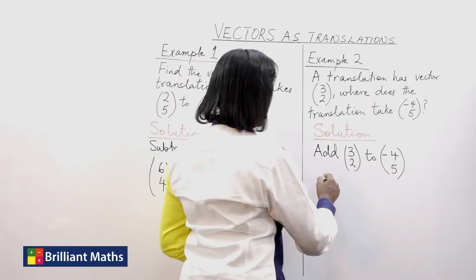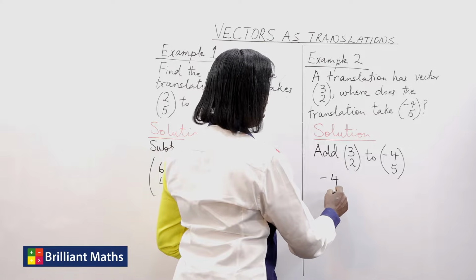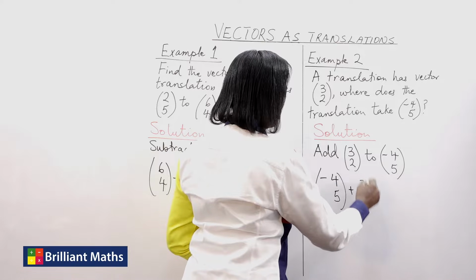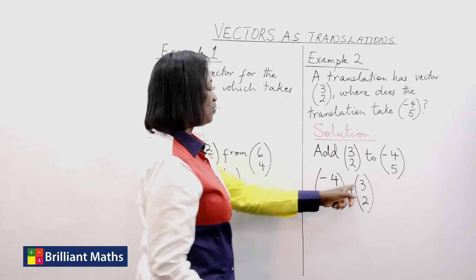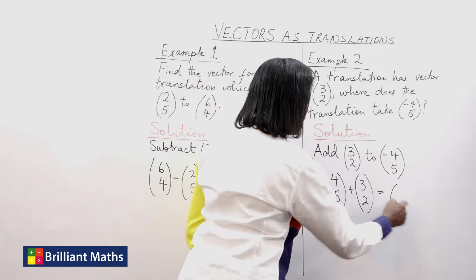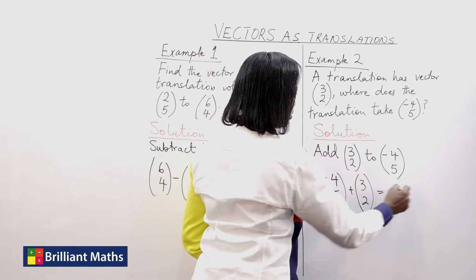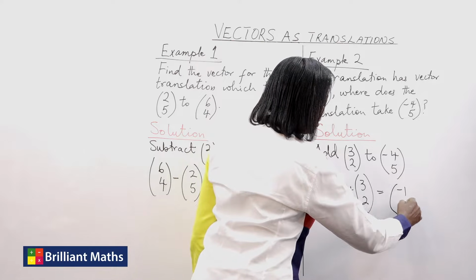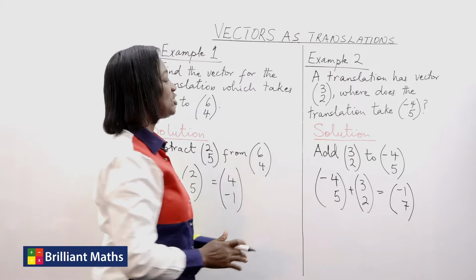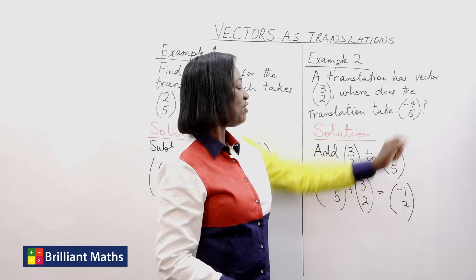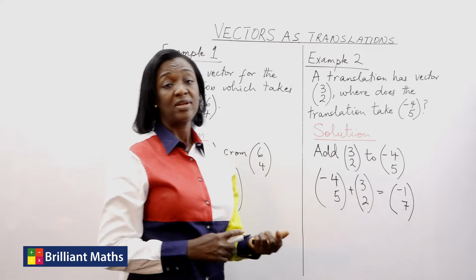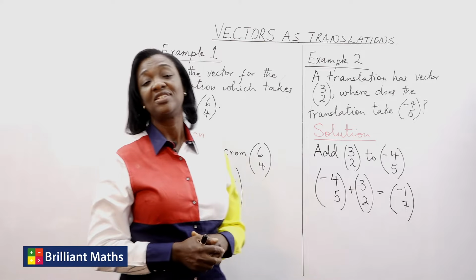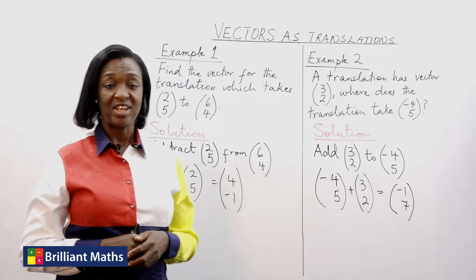So we add that, so it becomes minus 4, 5 plus 3, 2. So minus 4 plus 3 would give us minus 1, and 5 plus 2 would give us 7. So that translation vector would take the vector minus 4, 5 to minus 1, 7. This is actually very easy. Get some more practice from Brilliant Maths Module 8.